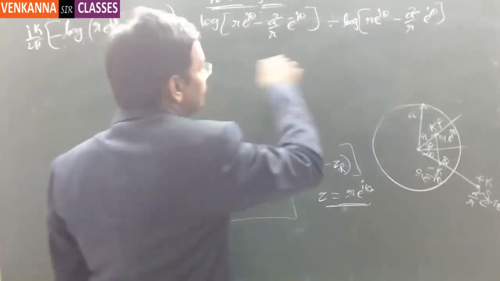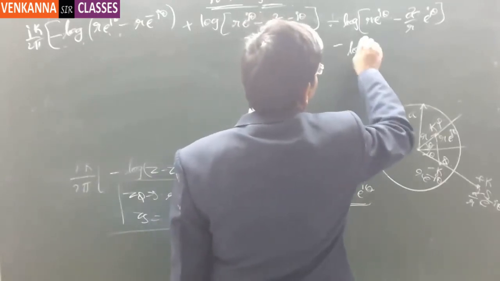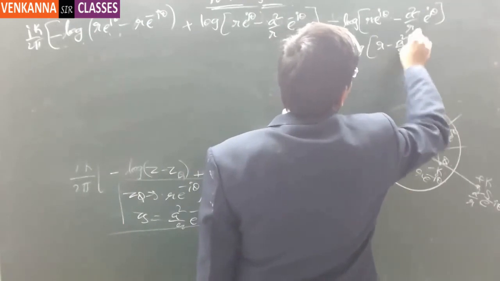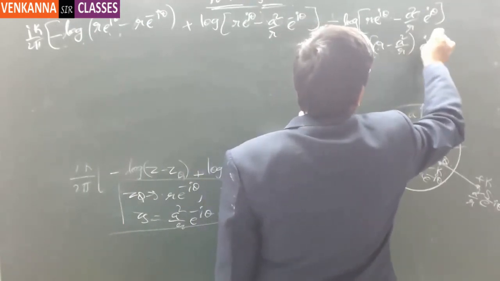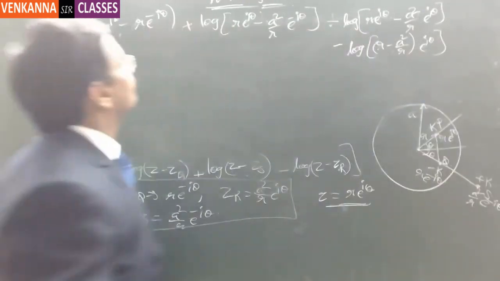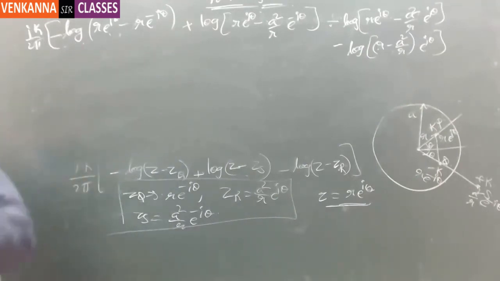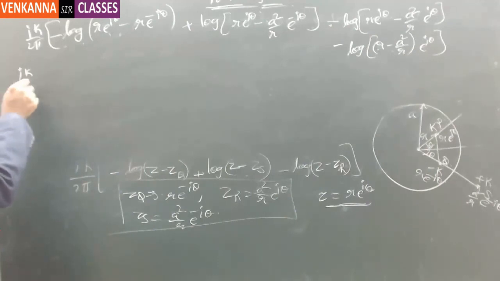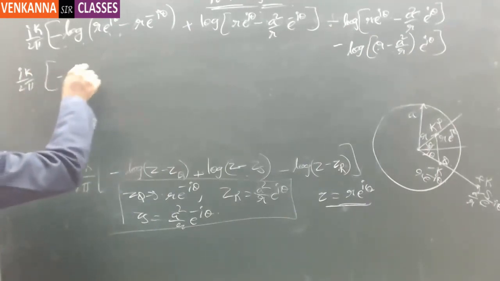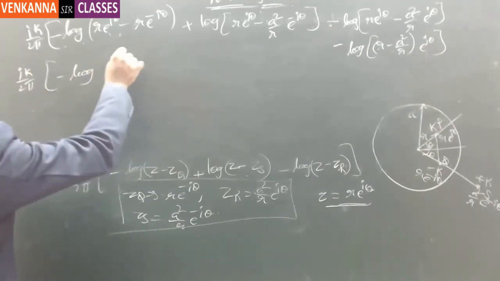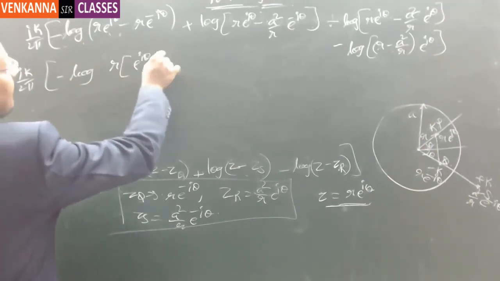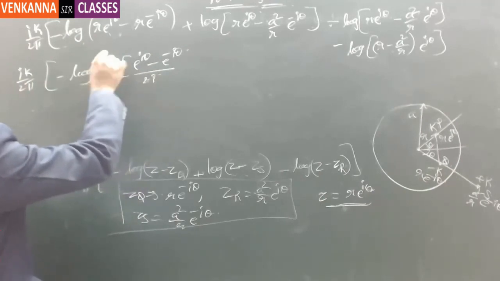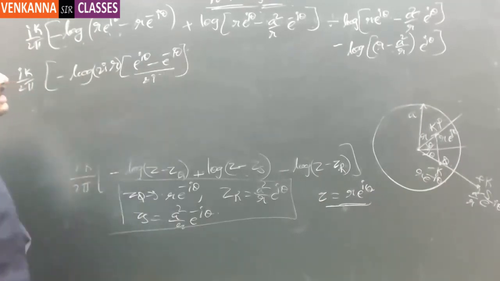So here you can replace this with minus log r minus a square by r times e power I theta. Then here Ik by 2 pi minus log, if you take out r e power I theta minus e power minus I theta, I will divide with 2i and multiply with 2i so that I can make this as sin theta.